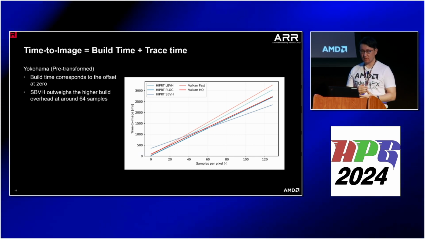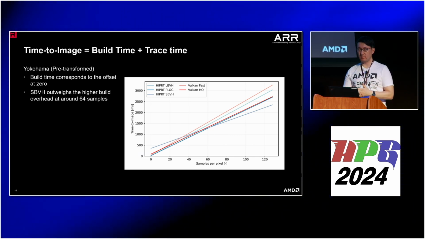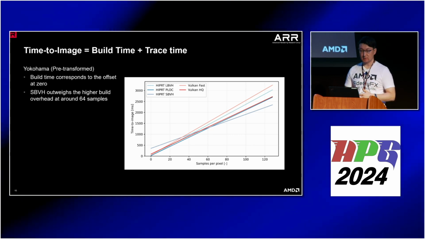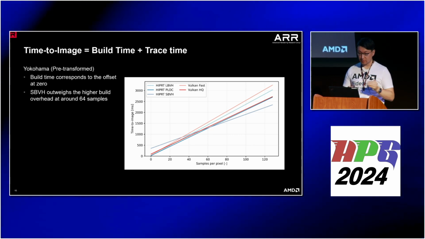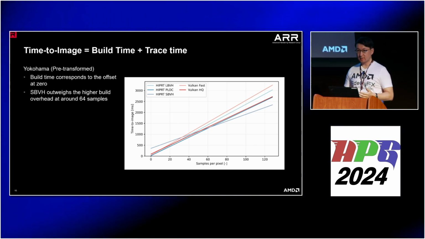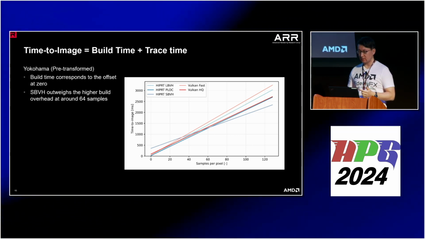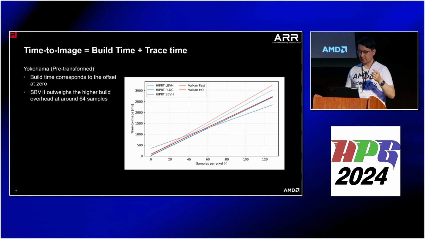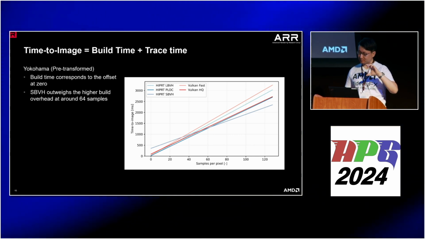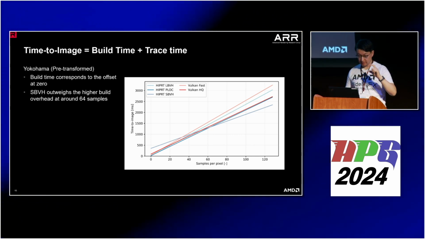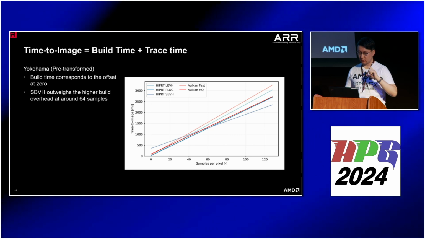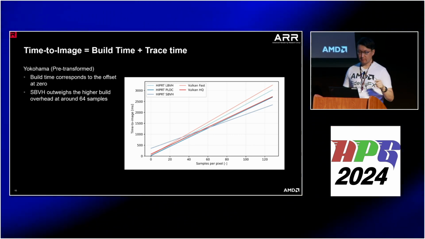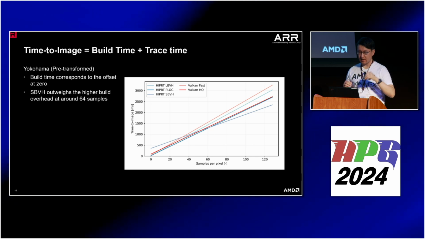This is time to image, which is build time plus trace time for one particular scene. For other scenes, it looks similar. On the x-axis, you can see samples per pixel, and at 0, it is offset by build time, the initial overhead, which is higher for SBVH, but SBVH has higher quality, right?